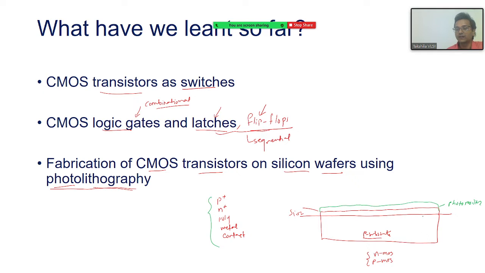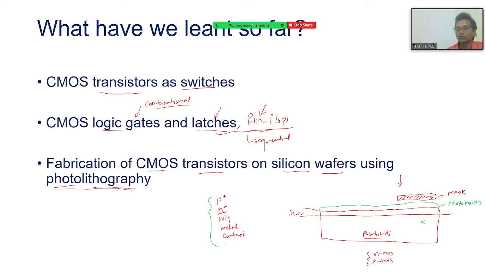So somewhere here I want the N-well to be fabricated. So I will use the N-well mask. These are the masks. I have the mask here; this is called a mask.